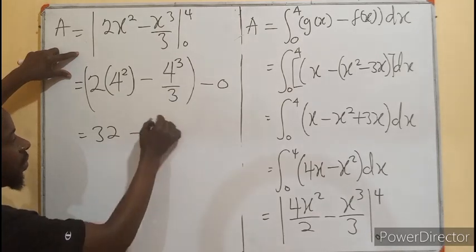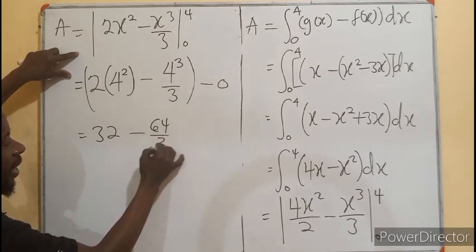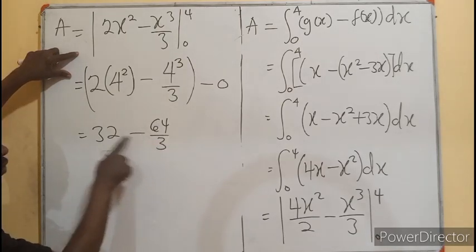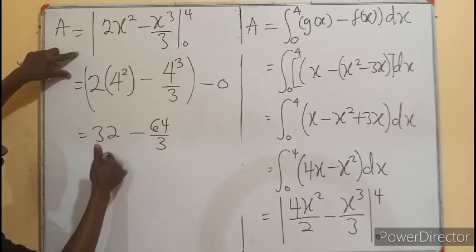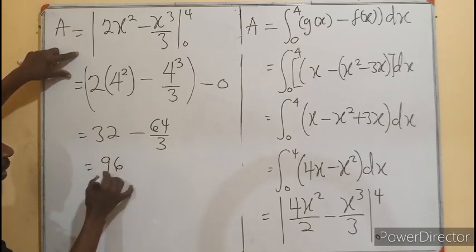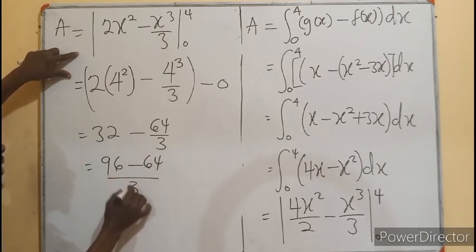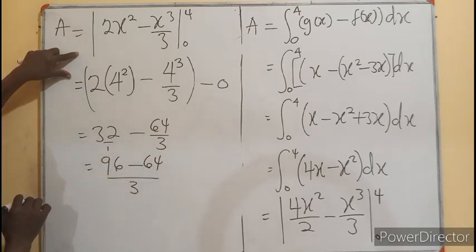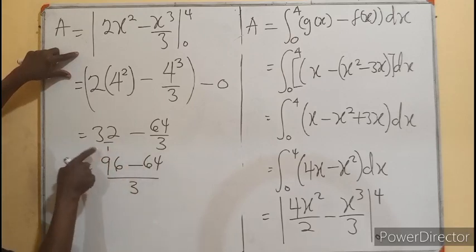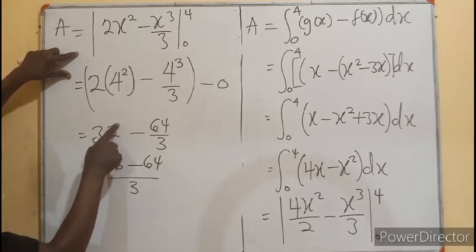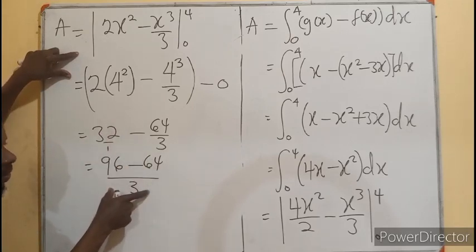This will be 64 all over 3. The trick is to use this to multiply this. So I have 96 minus 64 all divided by 3, because this has a power of 1. So the 3, I have a denominator of 1. So 3 times this will give us this.